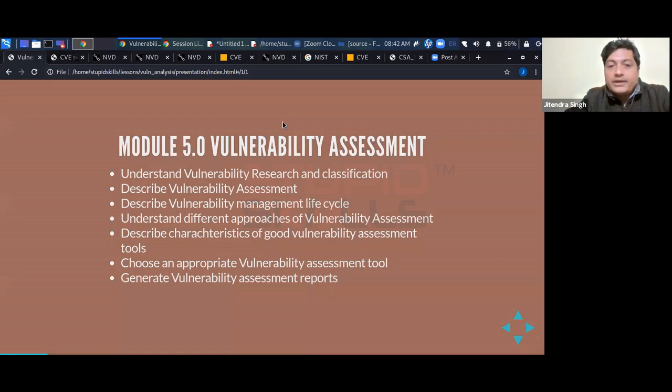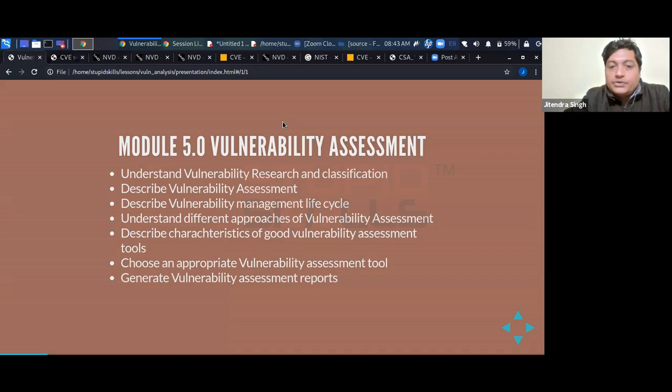Anything out there in the open that is called a vulnerability is identified with the help of a number. And it has a very detailed description and a lot of related information, which can help us in doing triage and further analysis and research on it.